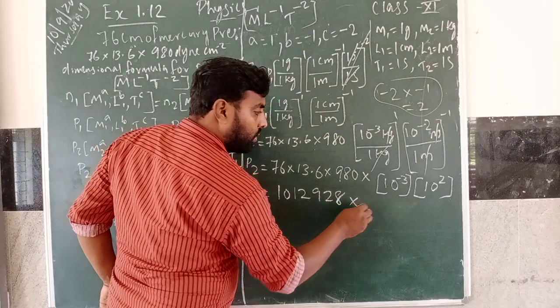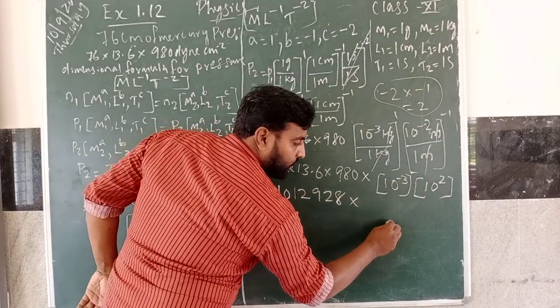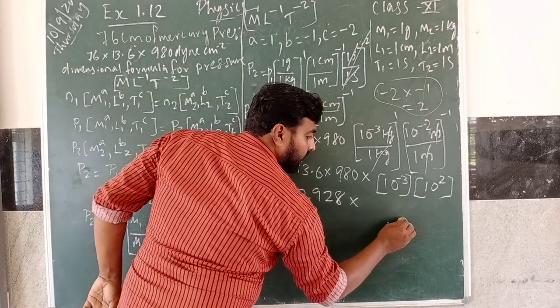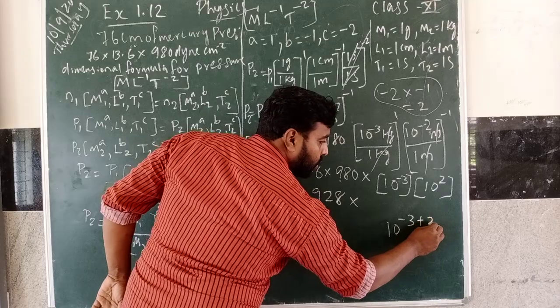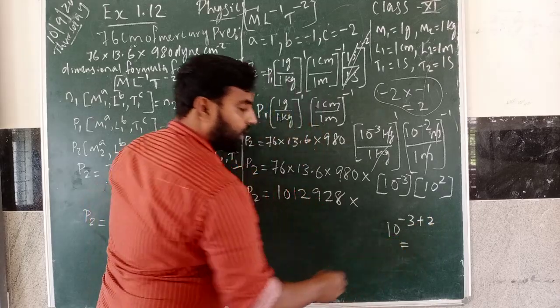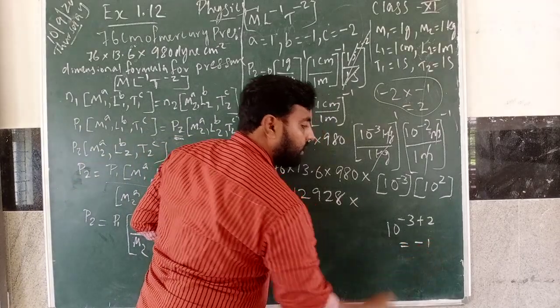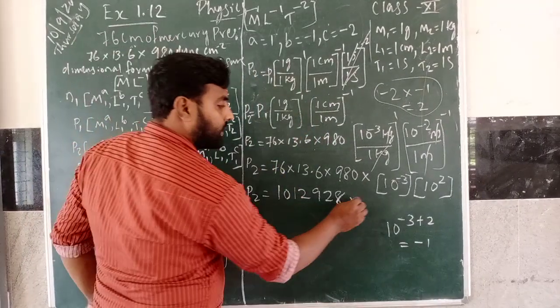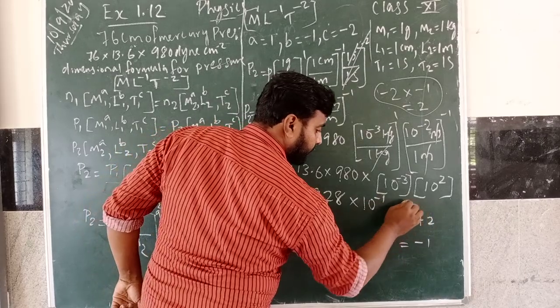Now, into 10 to the power minus 3, 10 to the power plus 2. Minus 3 plus 2 is minus 1. This you have to write here, 10 to the power minus 1.